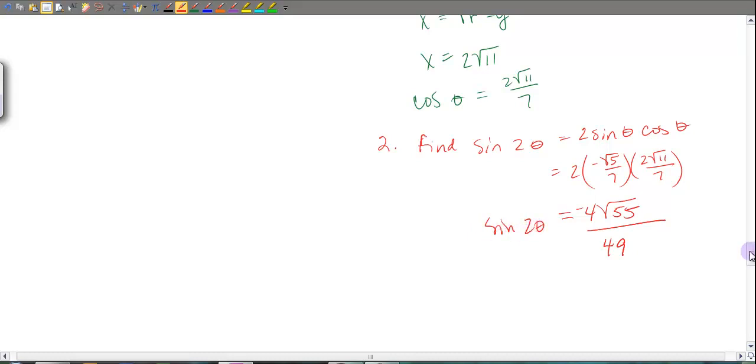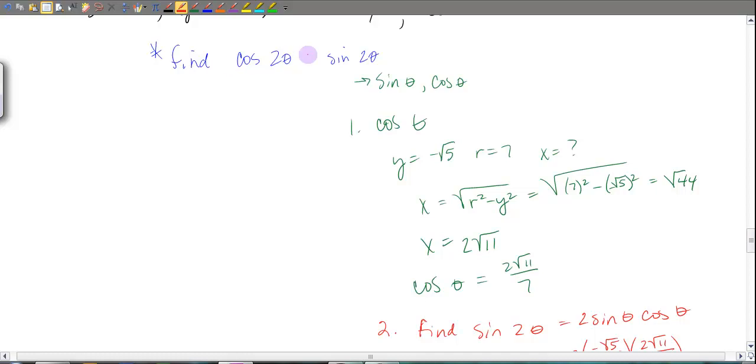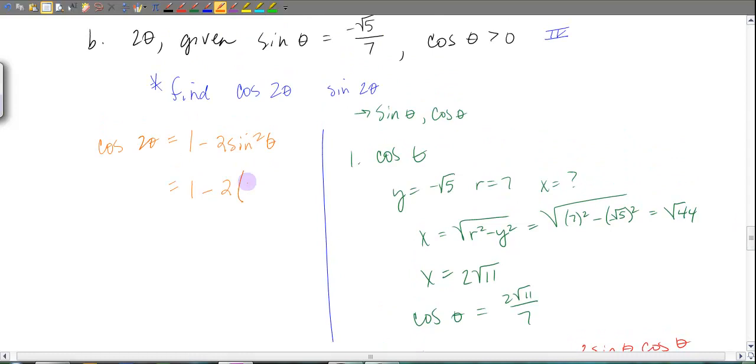Now let's go back and see if we can figure out what the cosine of 2 theta is. We have a couple of different choices here, but let's just use 1 minus 2 sine squared theta. 1 minus 2 times, I'm given that sine is negative square root of 5 over 7, squared.